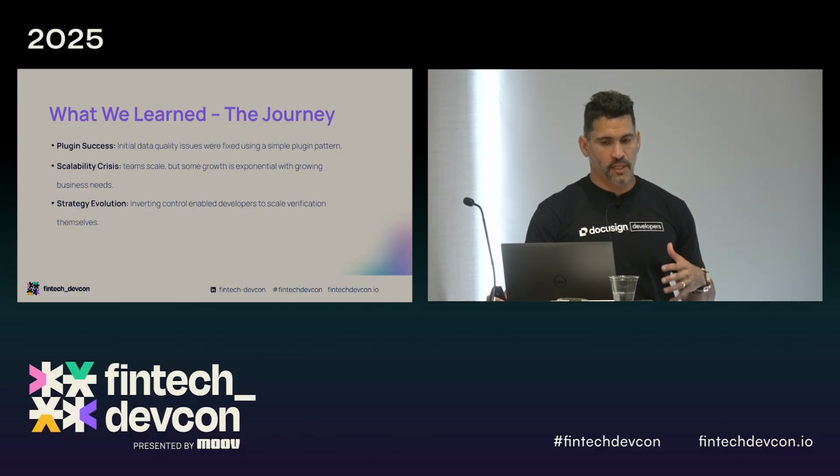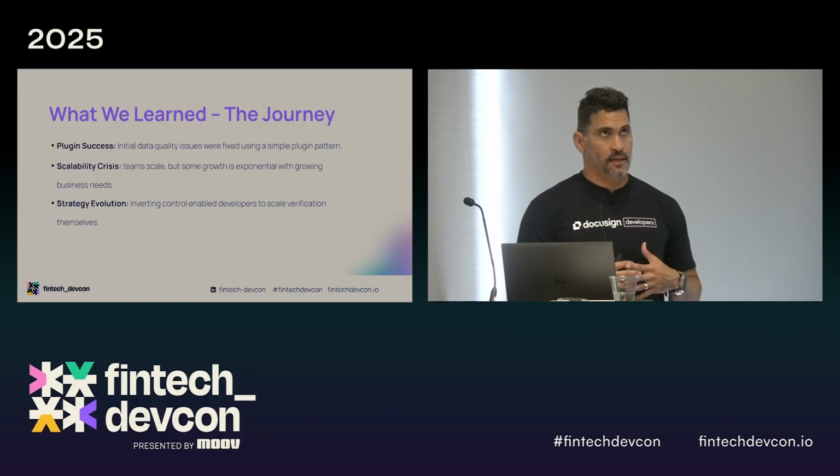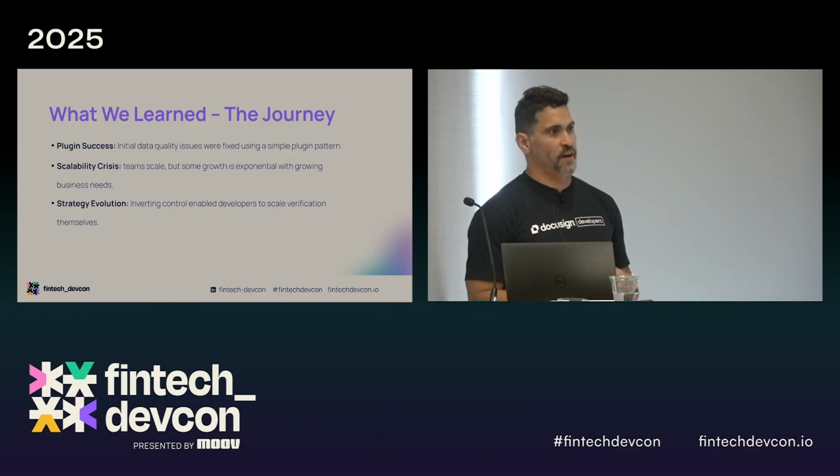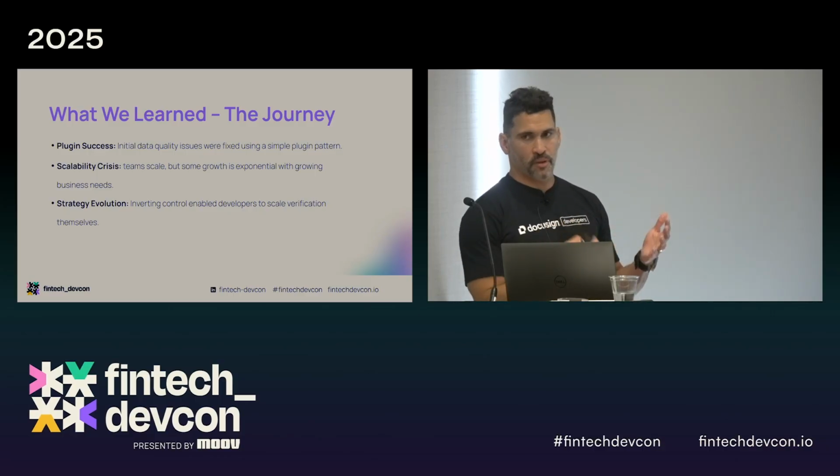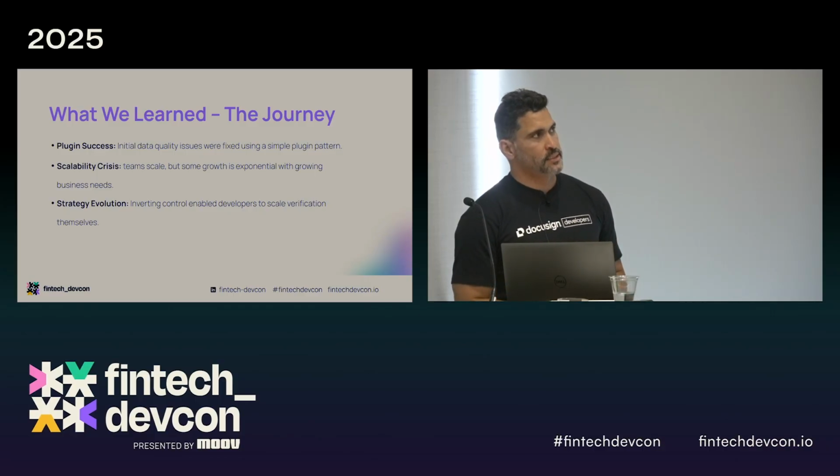The plugin pattern actually was the first stepping stone in us finding out, A, how do we scale to the demands of our customers? How do we meet them where they are to connect with their data? And then for the verification use cases, how do we invert control and give more power to the developer so that we scale at the same rate that they do?